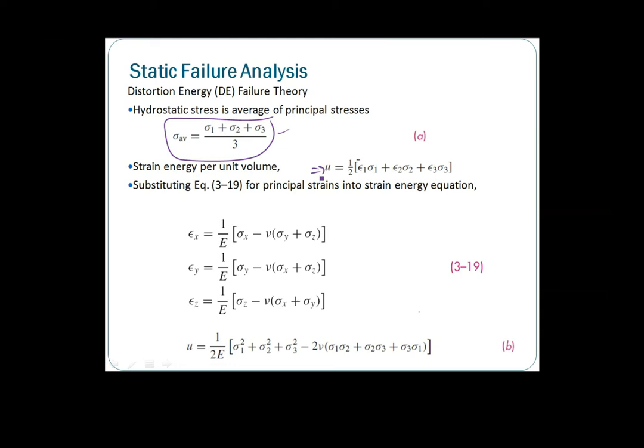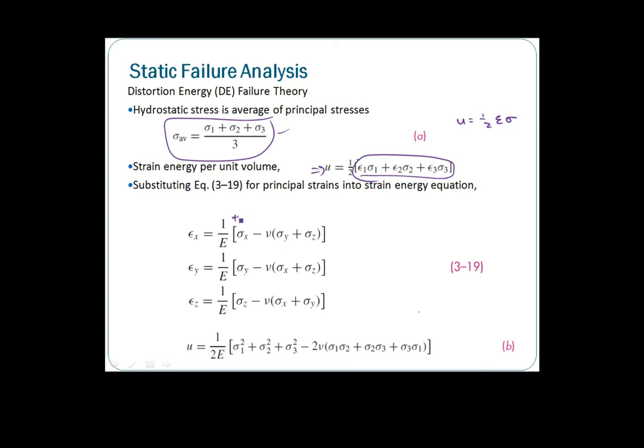If you still remember when we were doing energy methods, our strain energy is 1/2 epsilon sigma. Then in three dimensions, or two dimensions last week, we came in with three components. So that is what we have discussed. We know that the strain in one direction is also caused by the other two directions.